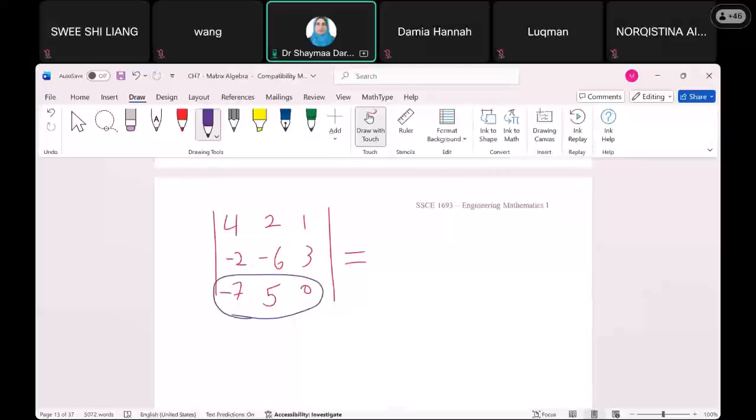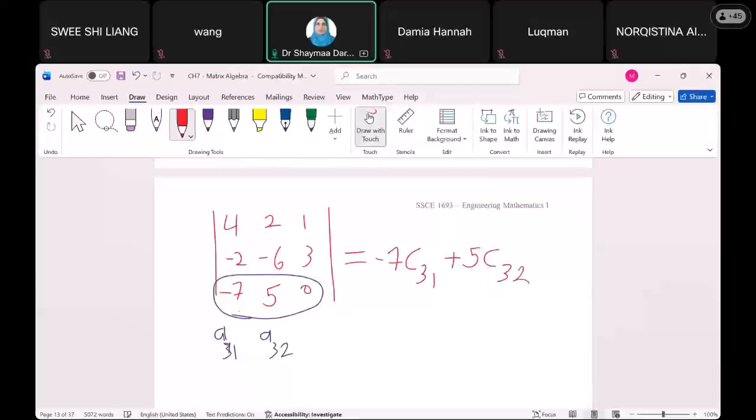Then I will evaluate the cofactor for each element here. This element is on the third row, first column, and this one is on the third row, second column. So I will have minus 7 times cofactor 3,1 plus 5 times cofactor 3,2.